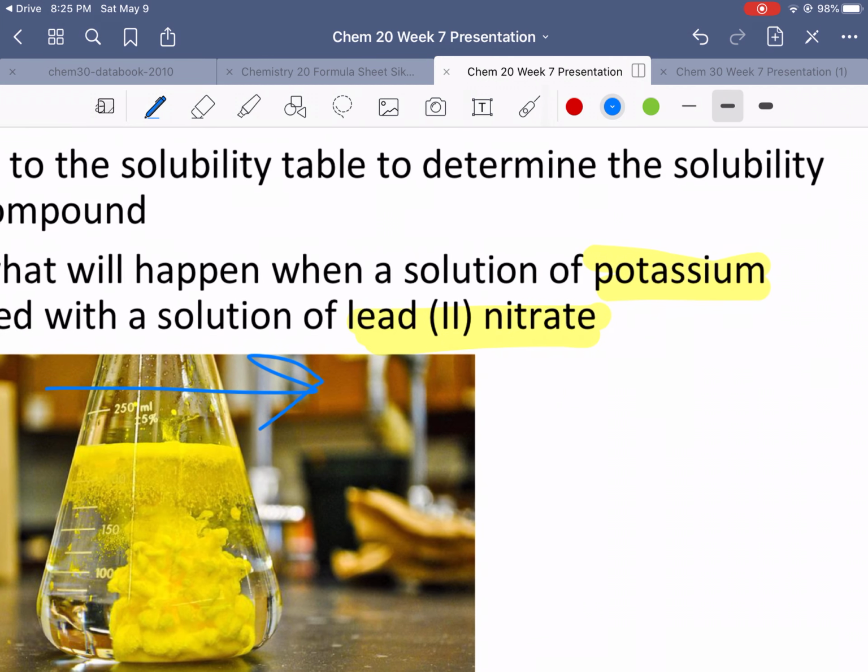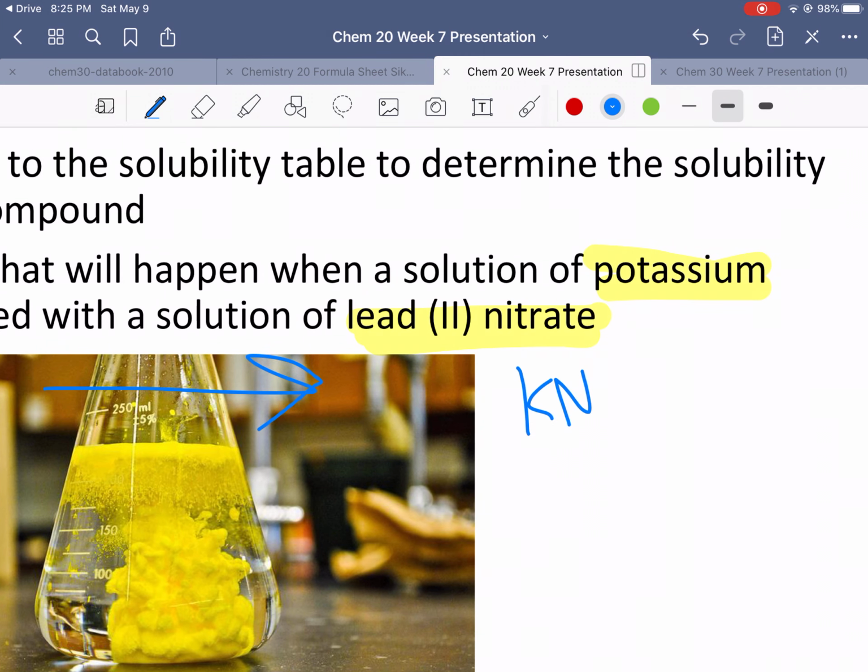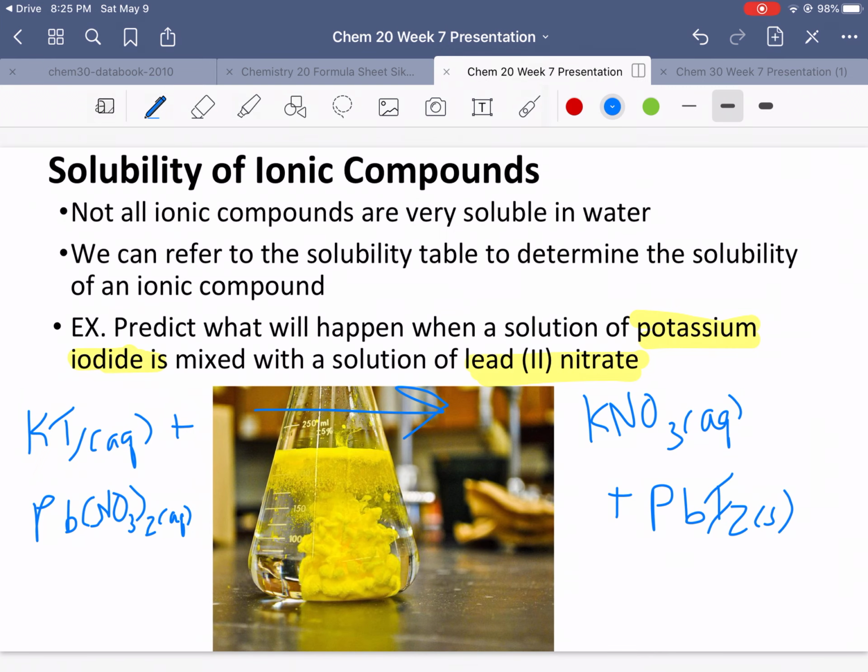But anyway, our products from that are KNO3 aqueous and PbI2 solid. Now, weird. How would I know that this is the solid? And that's where your mind needs to go back to the wonderful world of the solubility table.